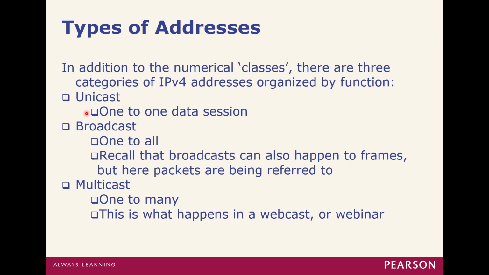Unicast is basically a one-to-one data session. It will not include any other device. It's only from one to one. A broadcast is one to all, so you can send a broadcast message to everybody. A multicast is one to many. Basically, you assign to which PC or laptop or device you want to send.